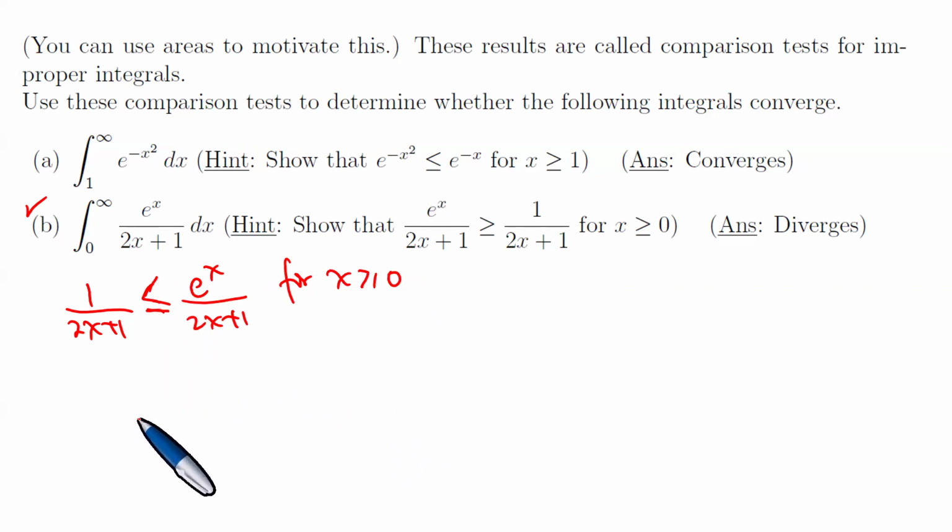So that now at this point, what do you do? You integrate this, but you integrate from 0. 1 over 2x plus 1 dx.